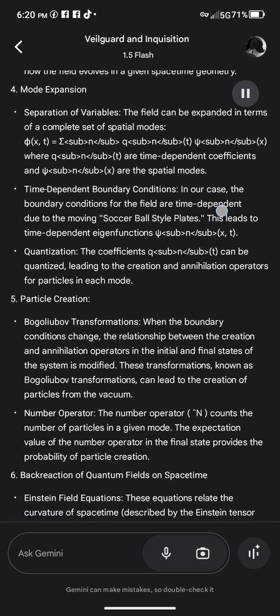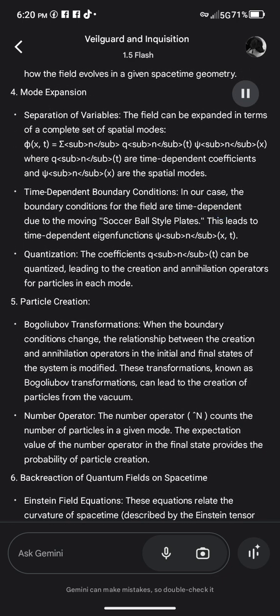4. Mode expansion, separation of variables. The field can be expanded in terms of a complete set of spatial modes. Phi of x, t equals the sum over n of q_n of t times psi_n of x, where q_n of t are time-dependent coefficients, and psi_n of x are the spatial modes. Time-dependent boundary conditions.